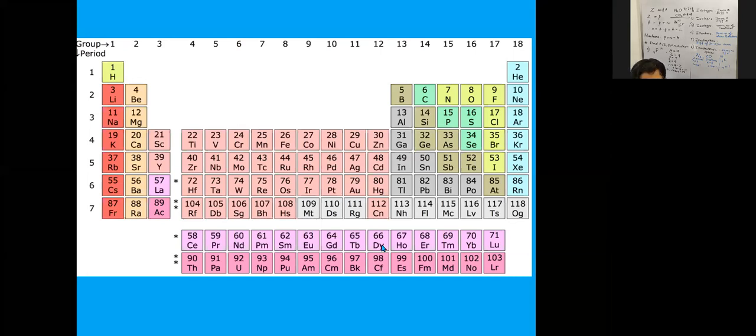Aluminium has 13 electrons. Aluminium 3 plus will have 10 electrons. So now look, here the entire isoelectronic series: N3 minus, O2 minus, F minus, neon, Na plus, Mg2 plus, Al3 plus. Can you write this also please?